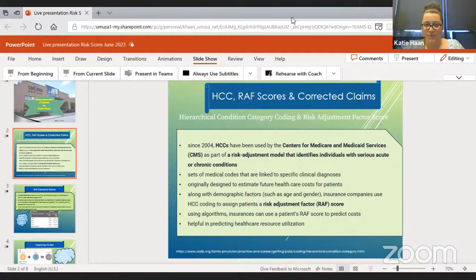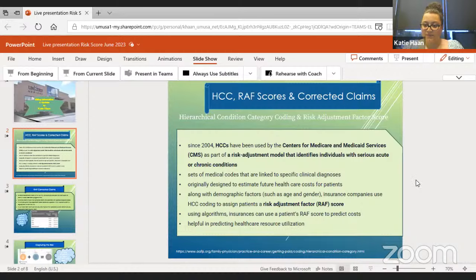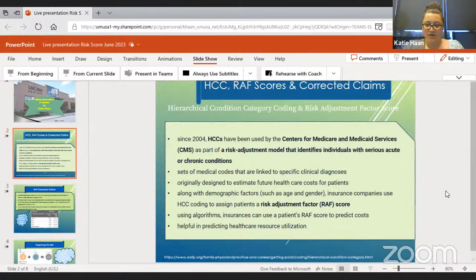Just bear with me for one moment here. Unfortunately, it doesn't look like it because I'm on the online version. I'll just share that and I can make it bigger if that's okay. Okay, that's fine. All right, so let me get rid of this here, and then I'll go ahead and zoom in a little bit. Are you able to see that okay?